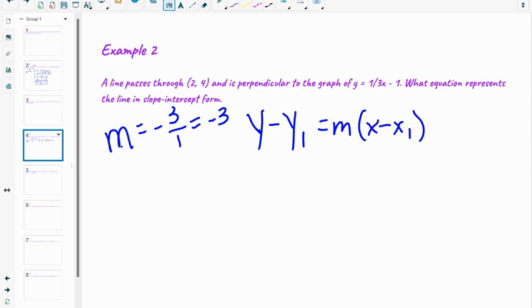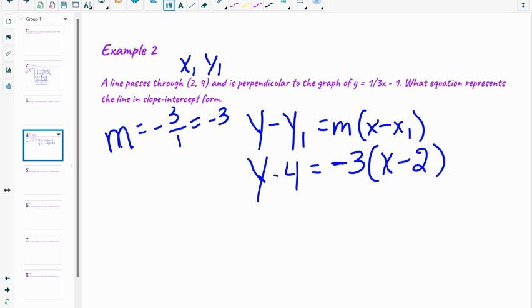So we have x1, y1, so that's y minus 4 is equal to negative 3 times x minus 2. Now we do our two-step process again.